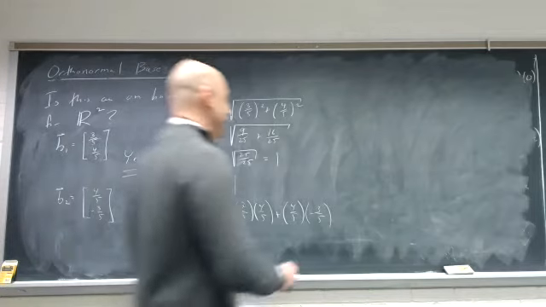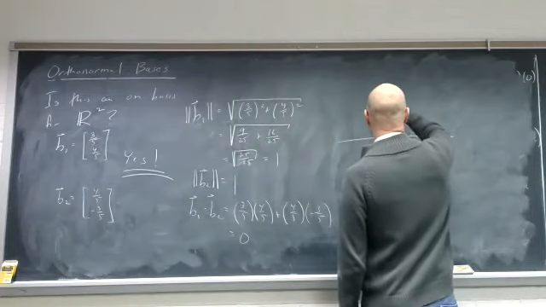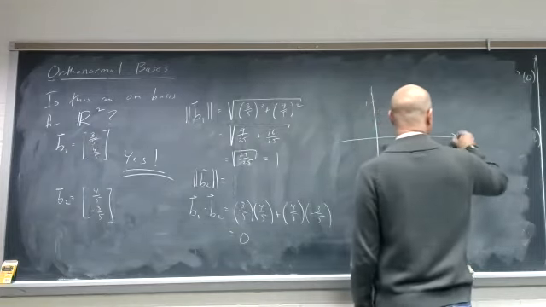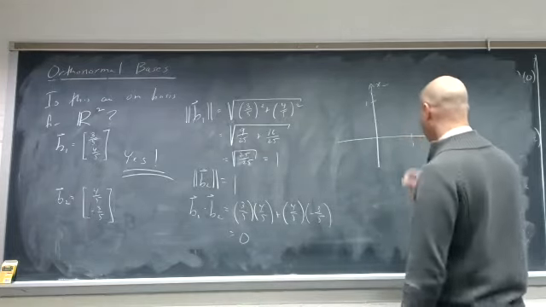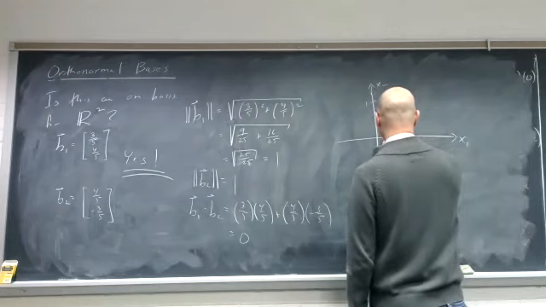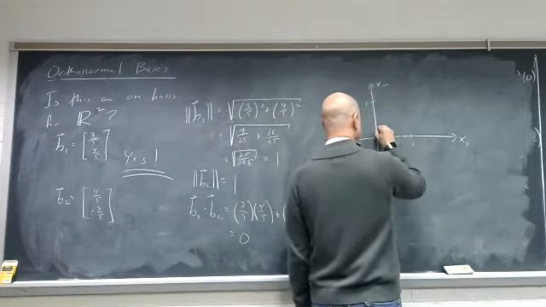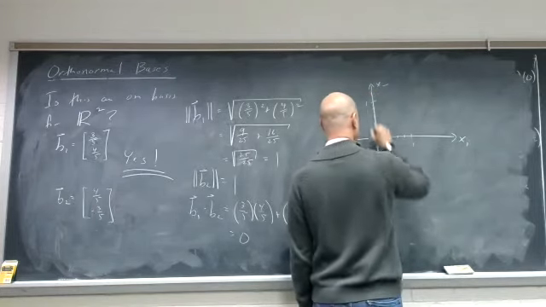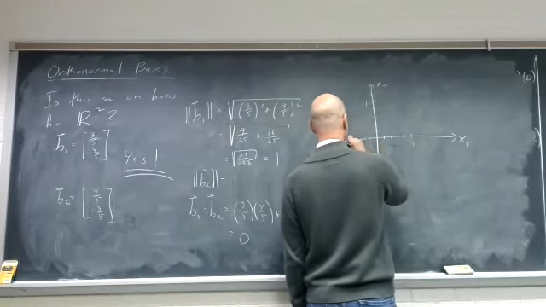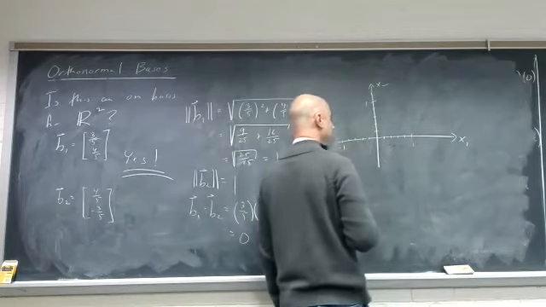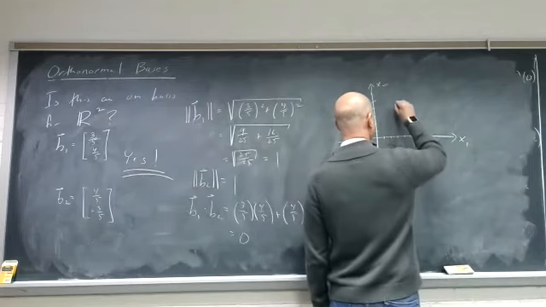If we were to graph this, you can see that this is sort of an orthonormal basis. Three-fifths comma 4/5. So let me just mark these in fifths: 1, 2, 3, 4, 5. 1, 2, 3, 4, 5. And there's -1. So 3/5 comma 4/5: 3/5 over on the x-axis, 4/5 up on the y-axis.